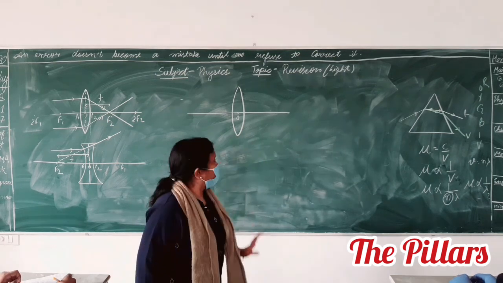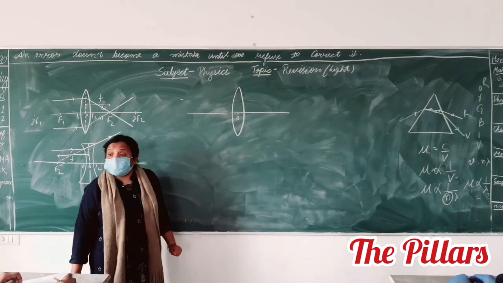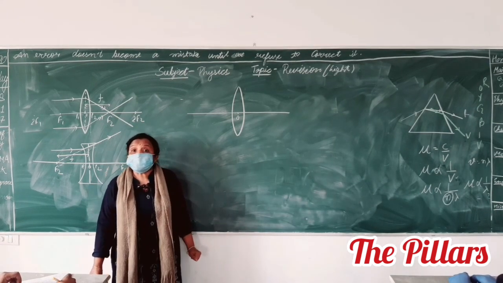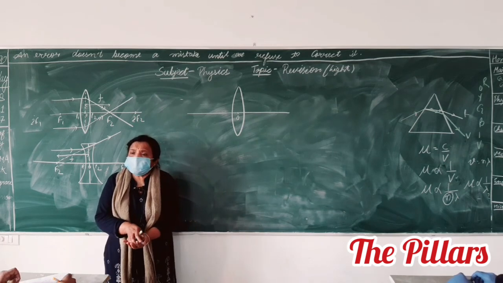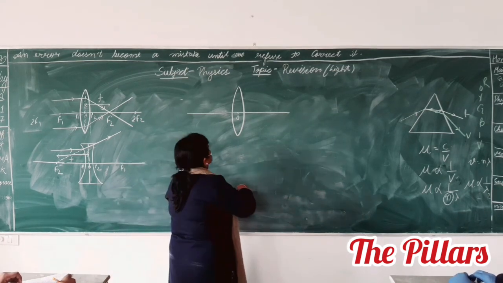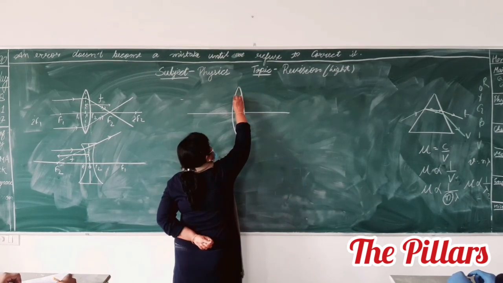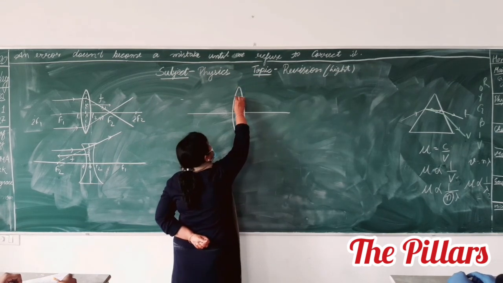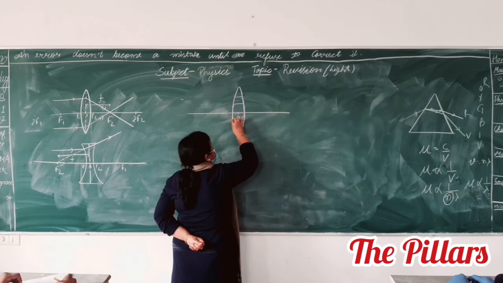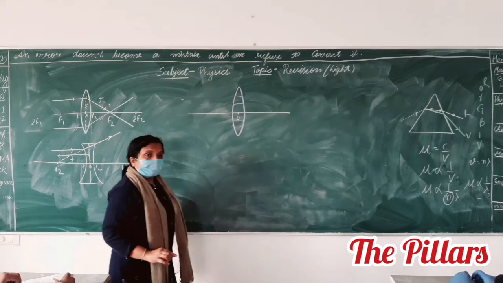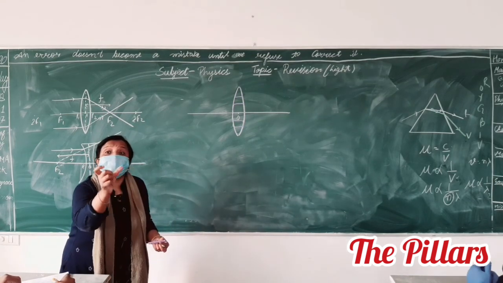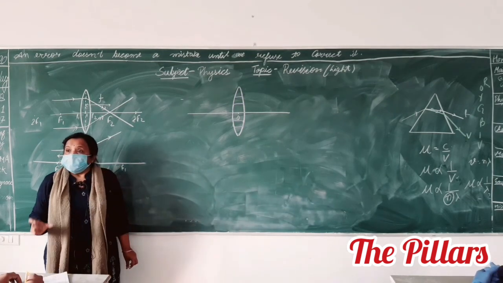Now, when I talk about the converging action of a lens, what do we consider? That this lens is made up of several prisms. Listen very carefully.